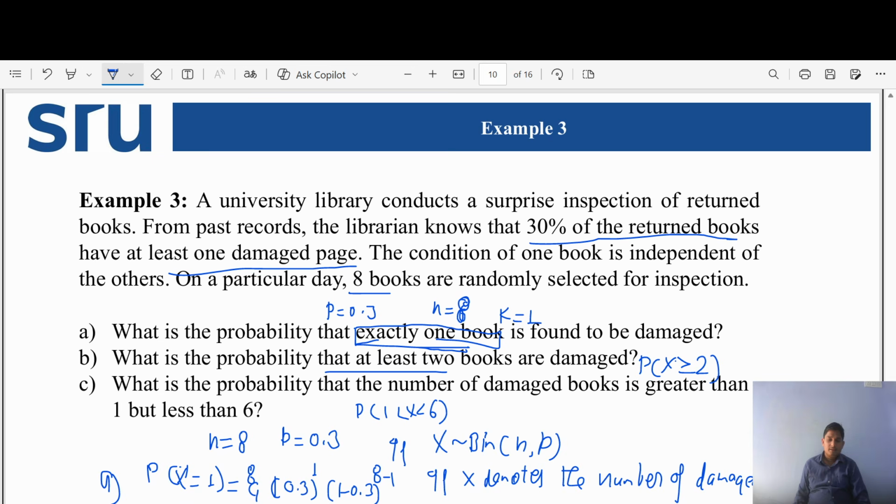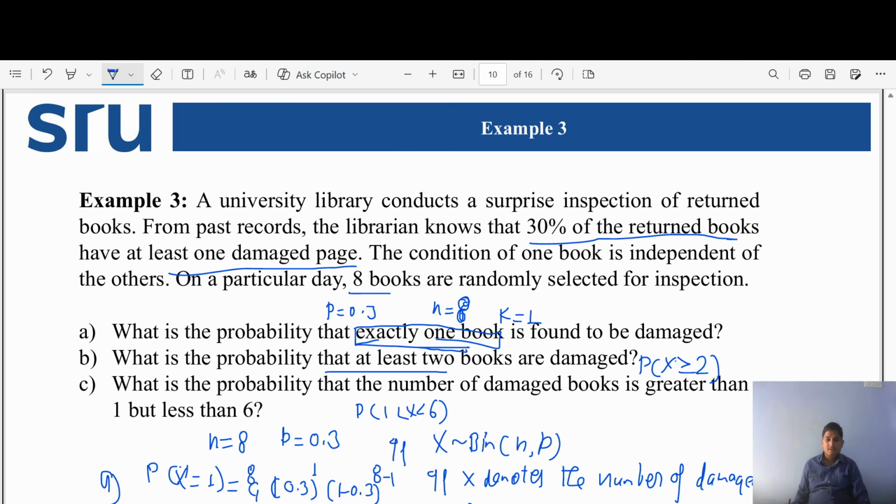So this is 8 factorial over 1 factorial times 8 minus 1 factorial, times 0.3 to the power 1, times 0.7 to the power 7.